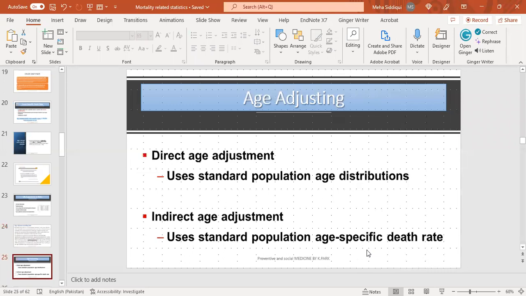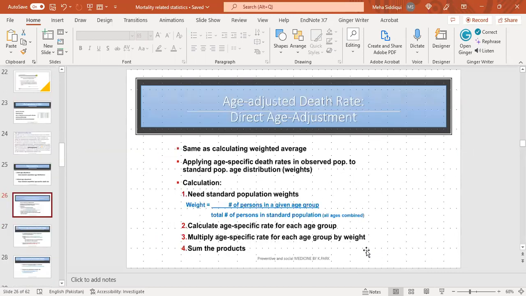Now, age adjusting. It includes direct age adjustment, which uses standard population age distribution. The second is indirect age adjustment, which uses standard population age-specific death rate. Now, direct age adjustment is the same as calculating a weighted average, applying age-specific death rates in the observed population to the standard population age distribution.